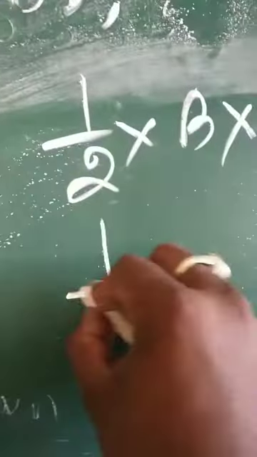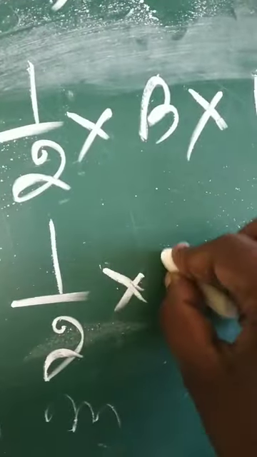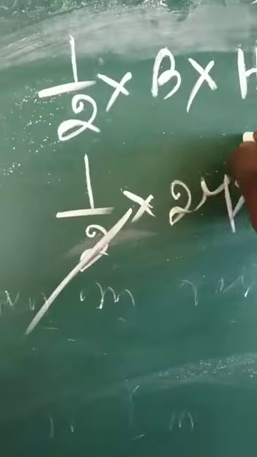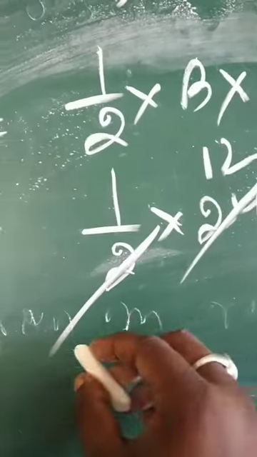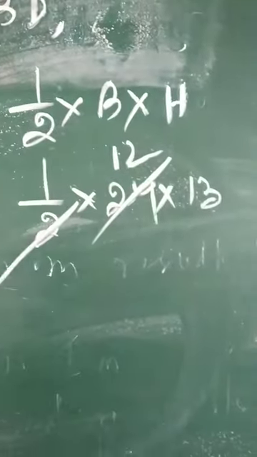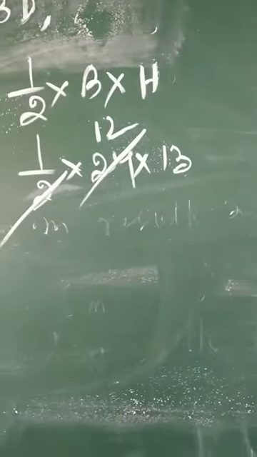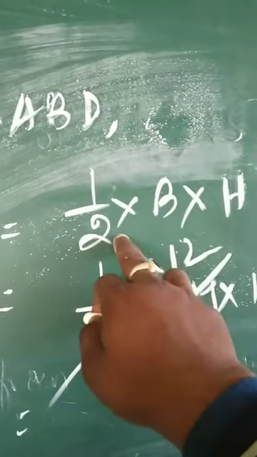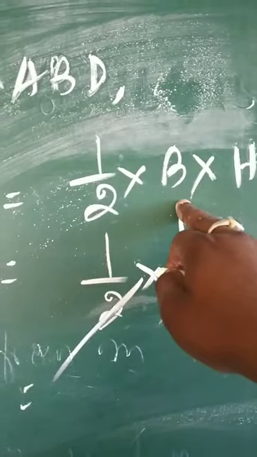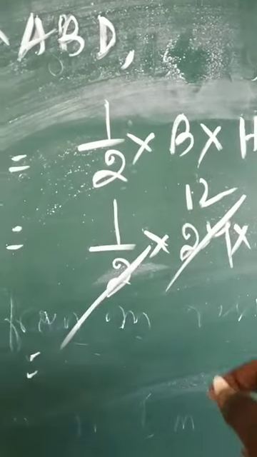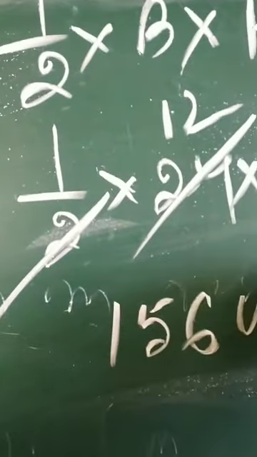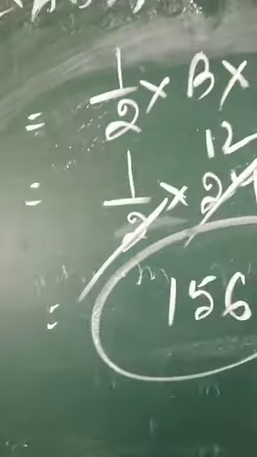So simply we can solve using half into base, which is 24, into height, which is 13. The 2 will cancel with 24, giving 12. So 12 into 13 is 156 centimeters square. This is the area of triangle ABD.